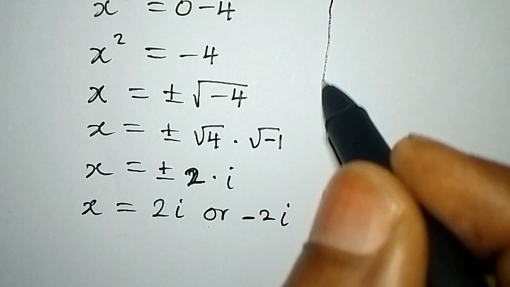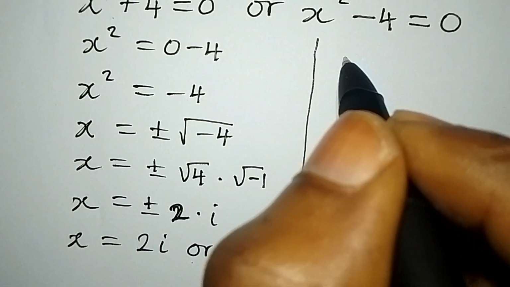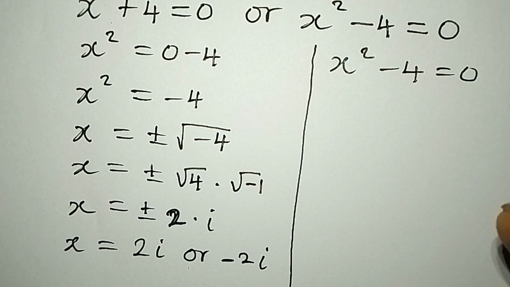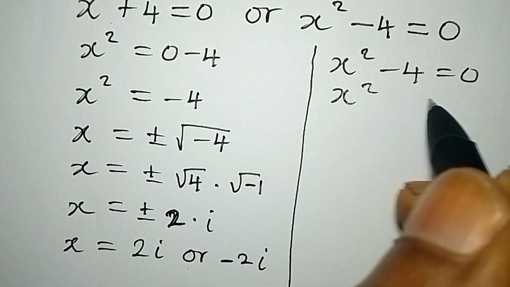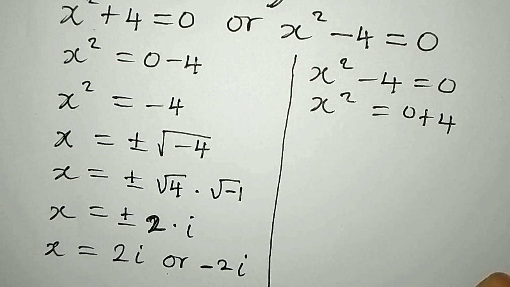Now let's get the other values of x, and we are going to get that from here. So we have x squared minus 4 equals 0. This means that x squared is equal to 0 plus 4, right?